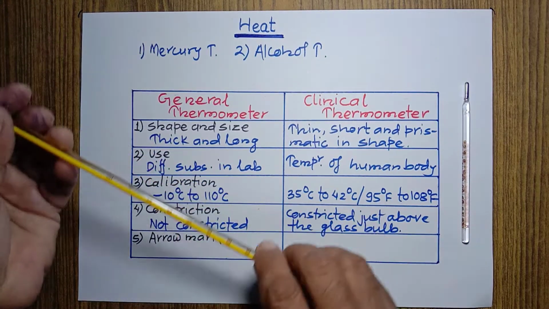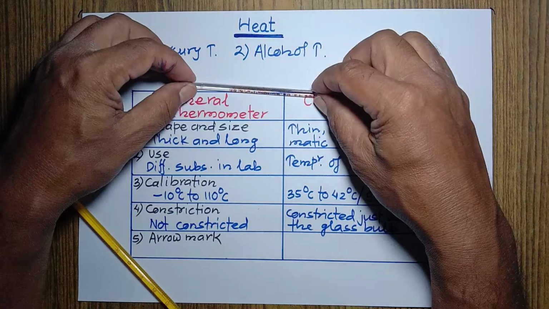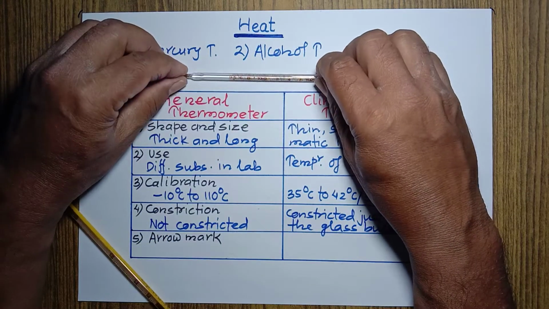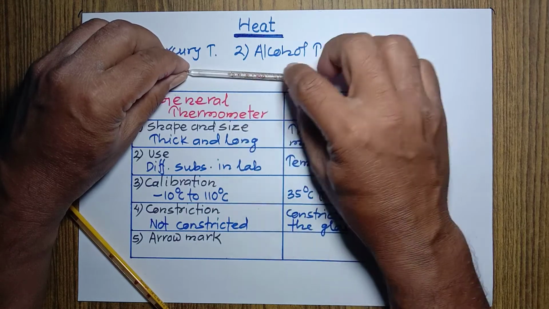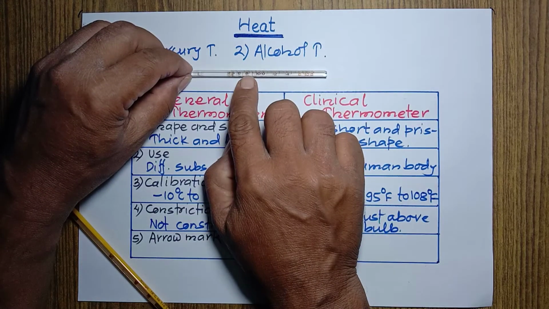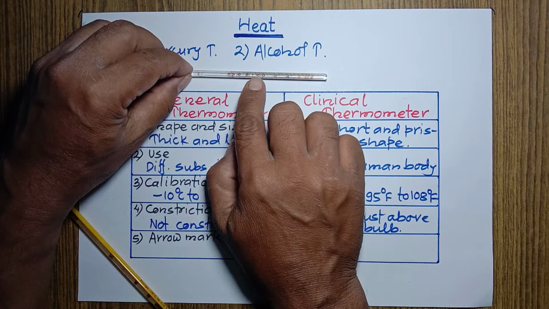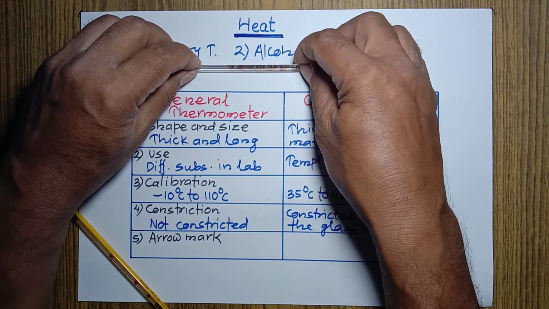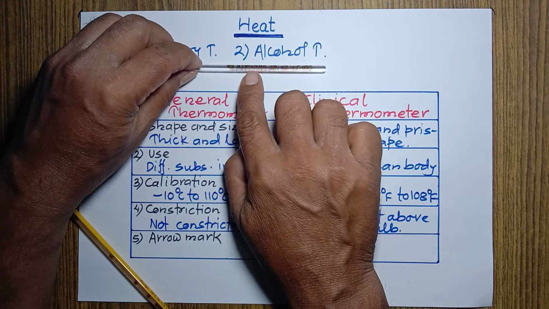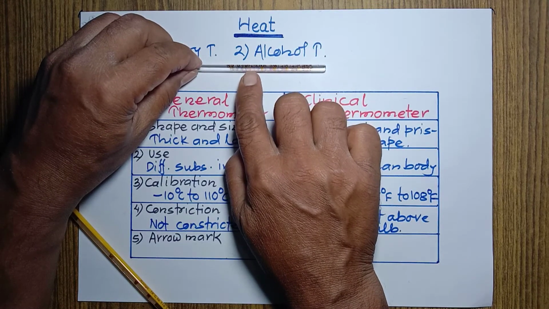Have you noticed this? This is the clinical thermometer. Here we have an arrow mark, and this arrow mark is at 98.6 degree Fahrenheit, and the same is at 37 degrees Celsius. What is this?